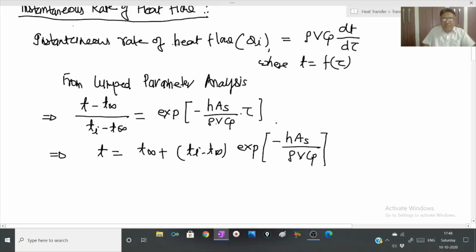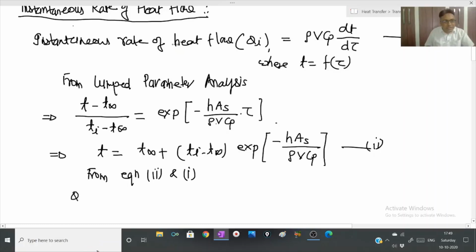Let's say this was equation number 1 and this is equation number 2. So from putting the value of equation 2 into equation 1, what will I get?